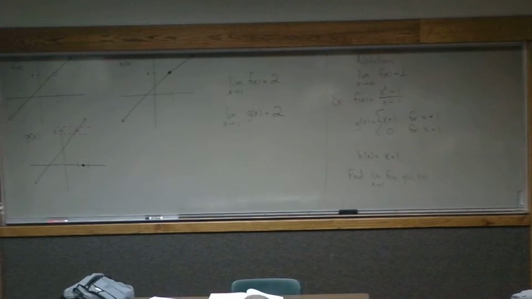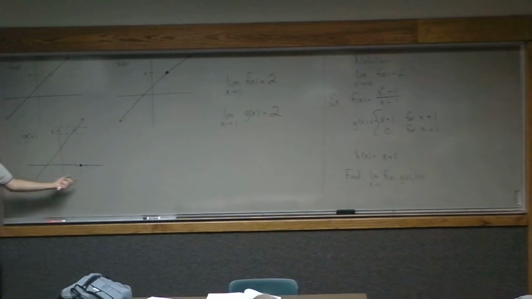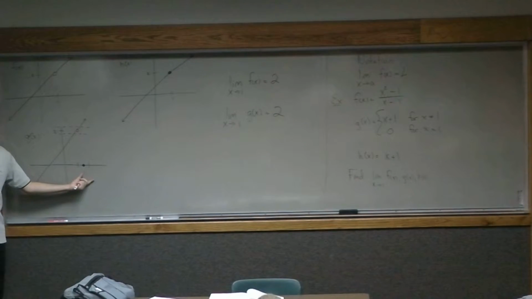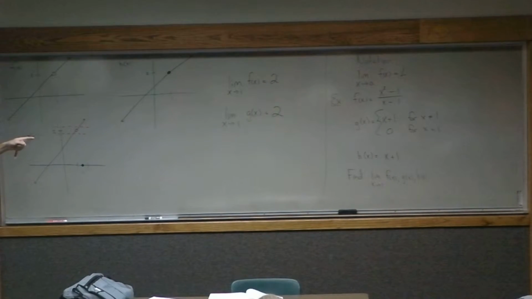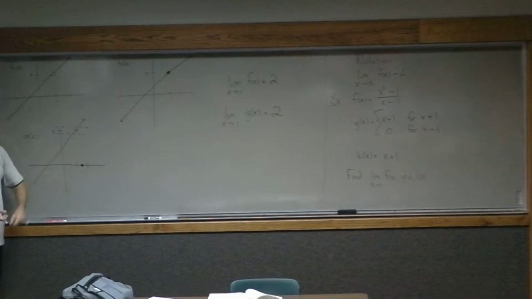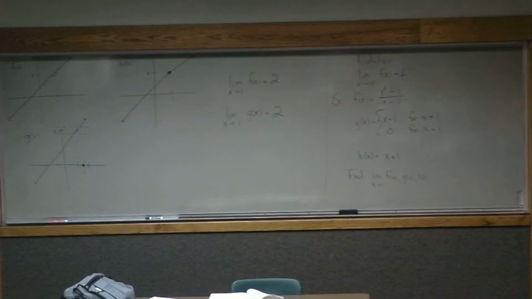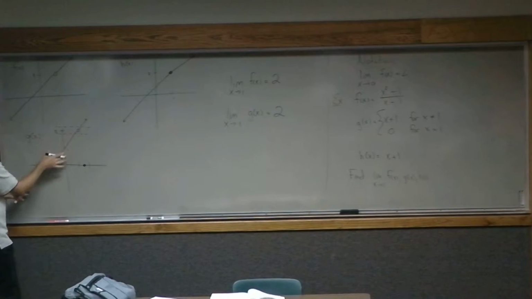Now, what you'll notice is that's very different than the value of g of 1, right? The value of g of 1 from our definition says that at x equals 1, g of 1 should be equal to 0. Well, that's fine. The function value can be anything it wants at x equals 1. All I care about is what the picture is telling me.